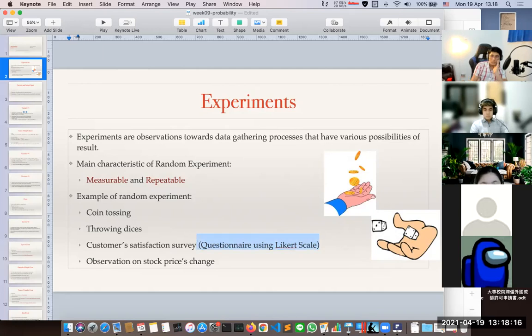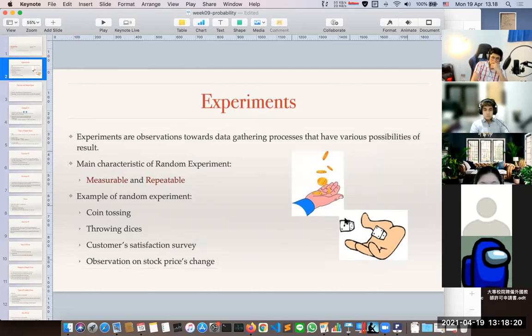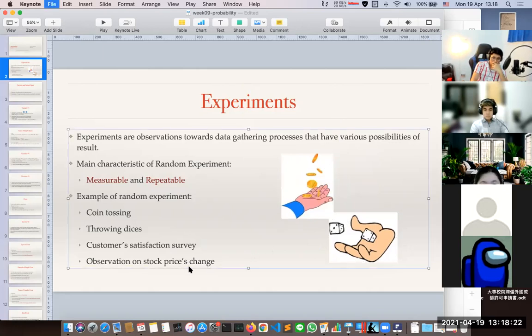Another example is observations on stock price exchange. This is also considered a random experiment. The price of a company's stock usually fluctuates, not day by day, but every second, every minute.